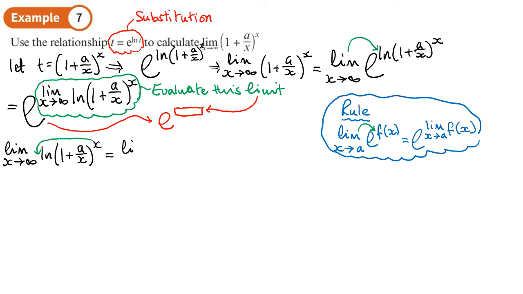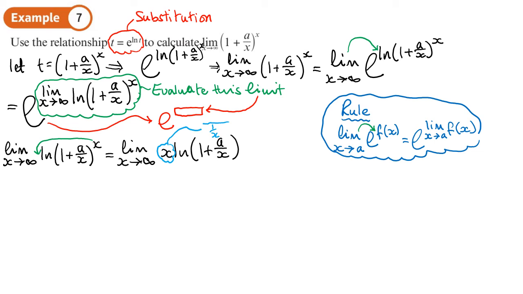So this becomes the limit as x tends to infinity of x log 1 plus a over x. Now we want a quotient, and we haven't got a quotient at the moment, we've got a product, two things multiplied together. And multiplying by x is the same as dividing by 1 over x. So we can bring our quotient in.